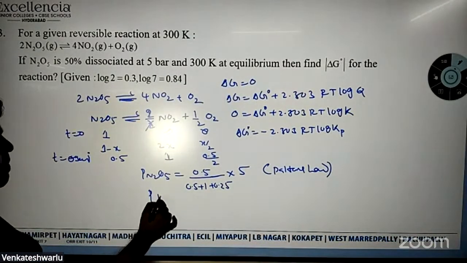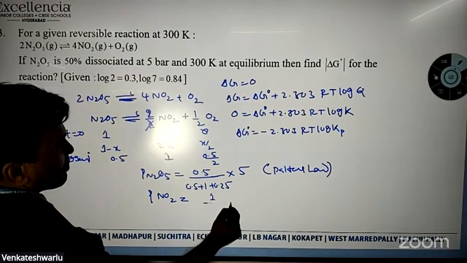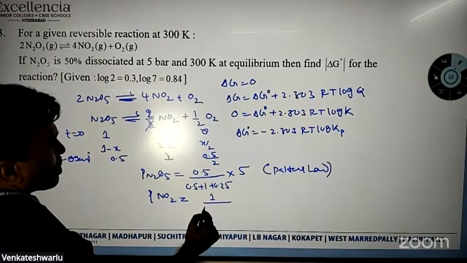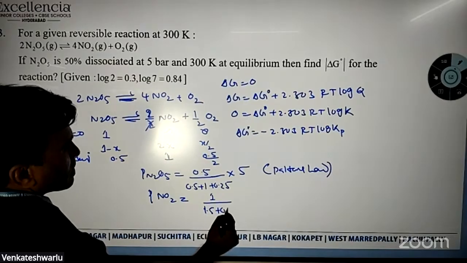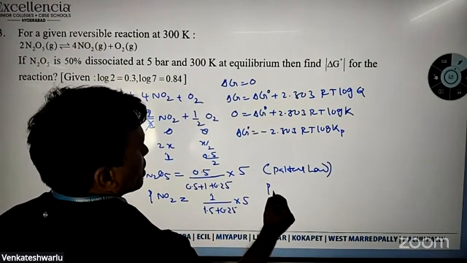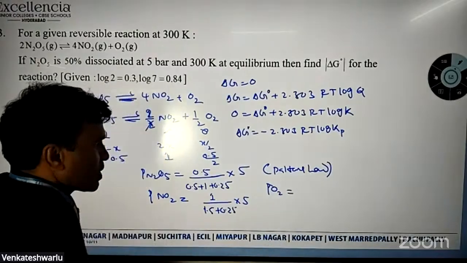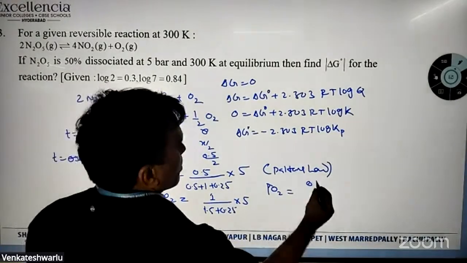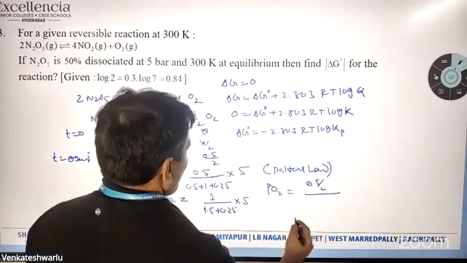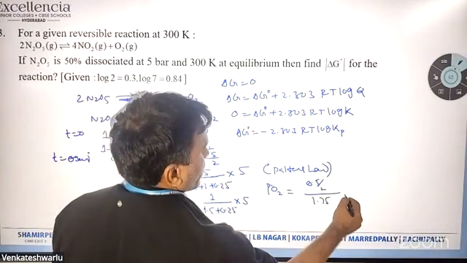Similarly, partial pressure of NO2 is equal to moles of NO2 by total moles, 1 by 1.75, into 5. Similarly, partial pressure of O2 is number of moles of O2 by total moles, 0.25 by 1.75, into 5.